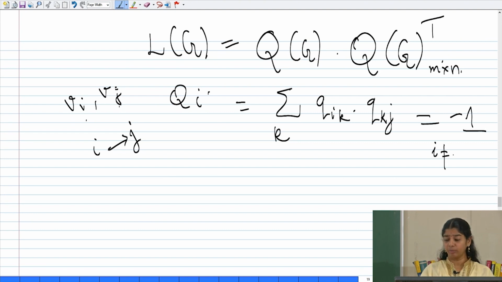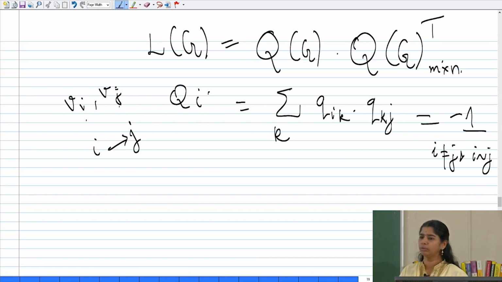That is, if i is not equal to j and i is adjacent to j. This will also work the other way around, when we have j going to i also, right. What about the diagonal entries, when i is equal to j? That means you are taking the ith row and multiplying it with the ith column, which is vertex i's column itself, right.